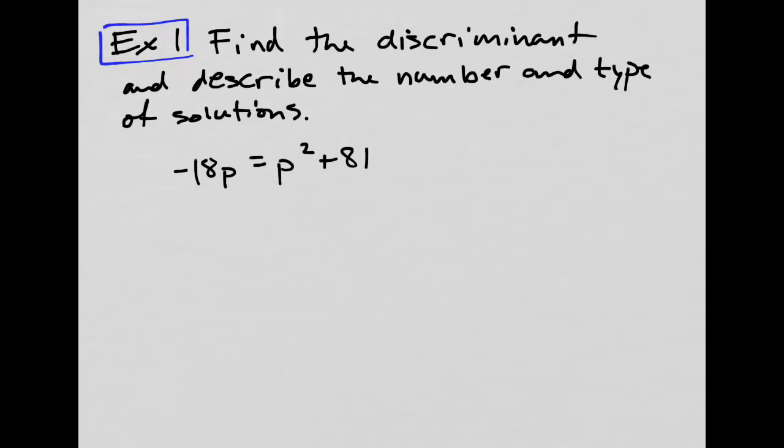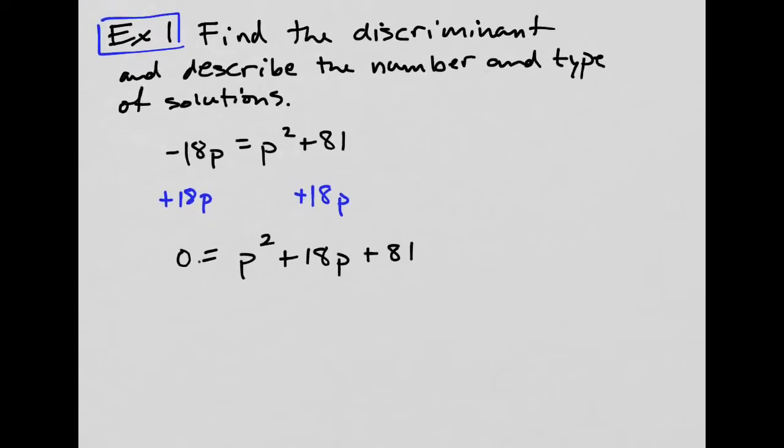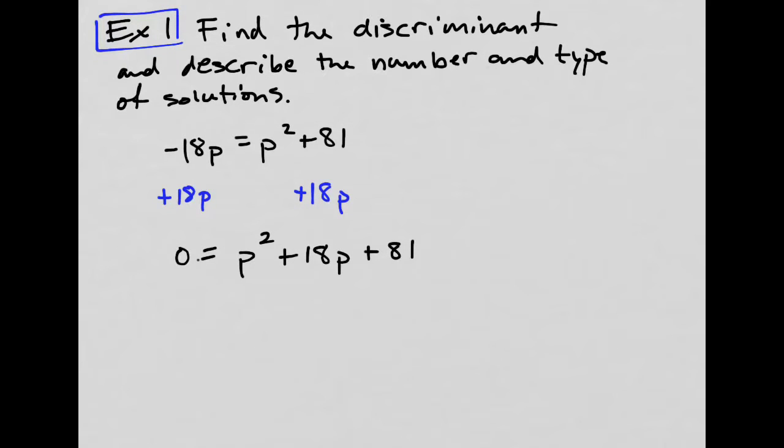First of all, I can add the 18p over, because I want it in standard form. That's the first step. So I get 0 equals p squared plus 18p plus 81. The 0 could be on either the left or the right, it doesn't matter. Remember, it goes the squared term, then the regular term, then just the plain number. Now I'm going to figure out b squared minus 4 times a times c.